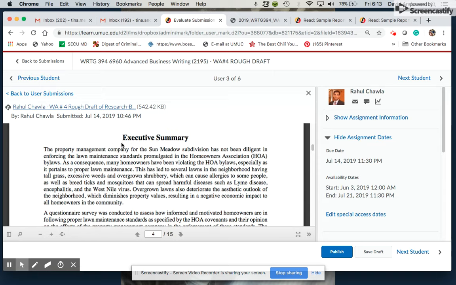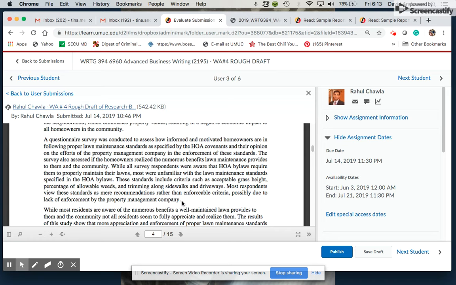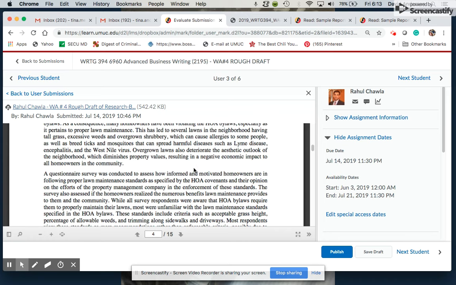So instead of saying right from the beginning that the property management company is not doing its job, again, say who is involved, what the process is, what the problem is, and then here's the problem. The problem is we have some issues with non-compliance of the law.